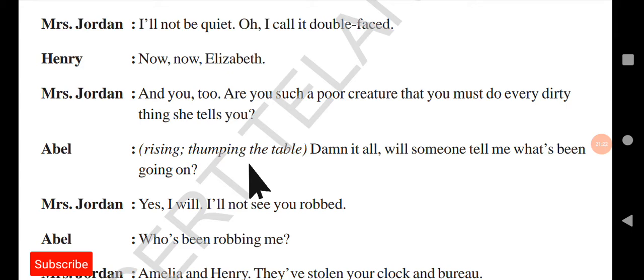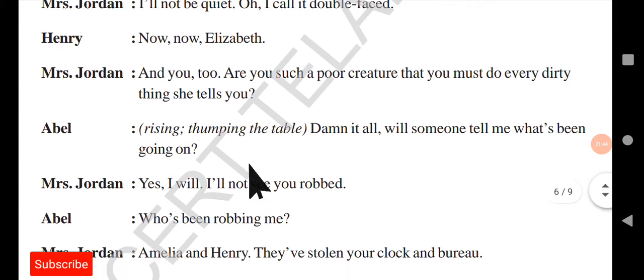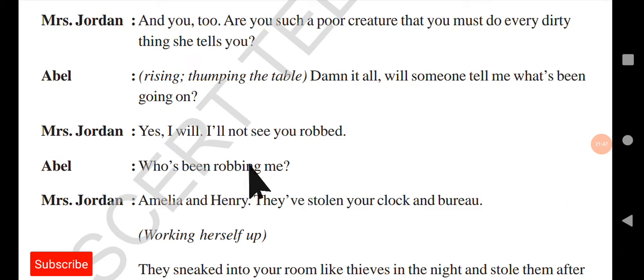Even Henry says, no, no, Elizabeth, now be quiet. Elizabeth is not ready to be quiet, and she starts to scold them, saying they are just poor creatures and are being so dirty by bringing all these things of father down. So both sisters now understand what is going on, but Abel Meriwether doesn't.